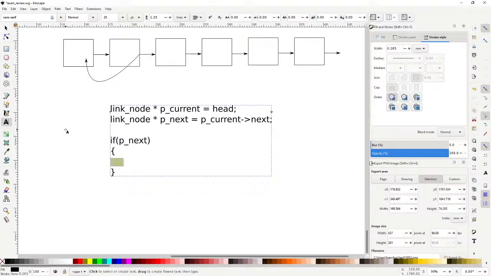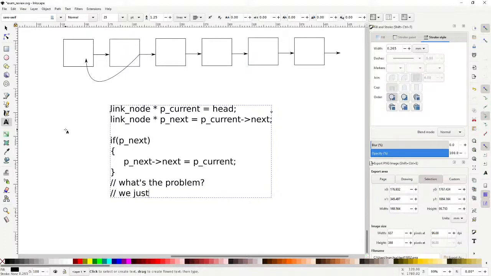Have to use spaces, cannot use tabs. So if p next, then what we're going to do is set p next dot next equal to p current. But then what's the problem? The problem is that we have just forgotten about the original next.